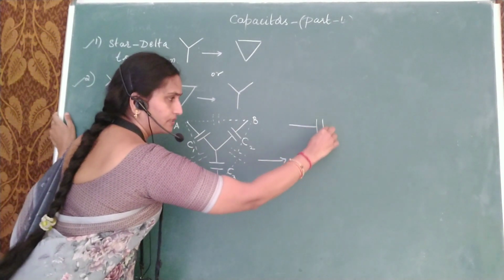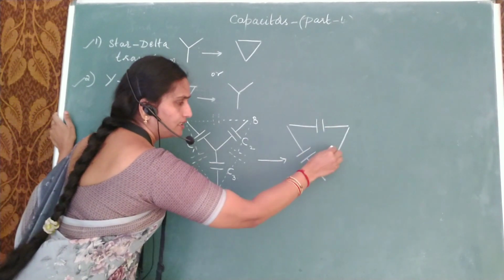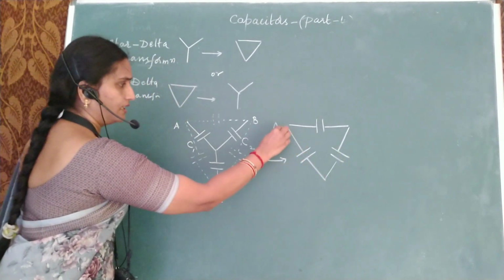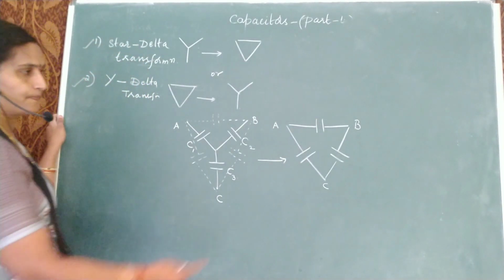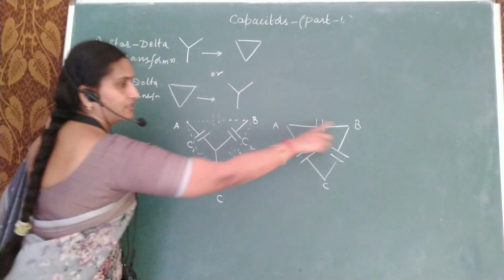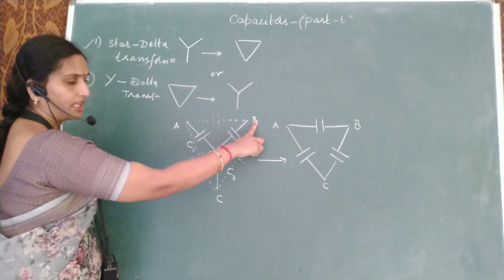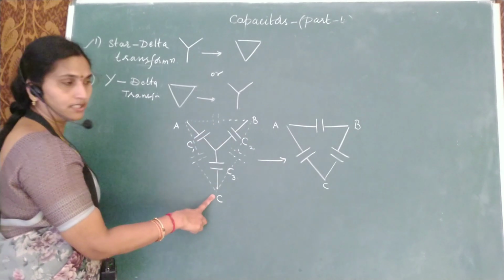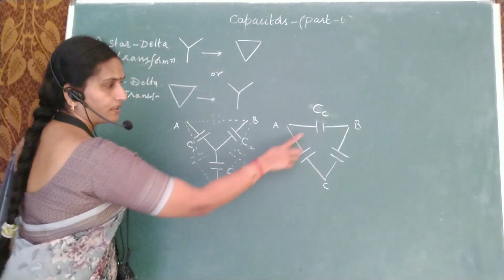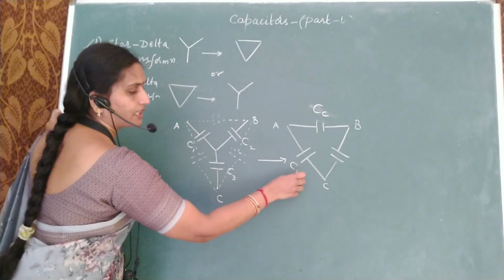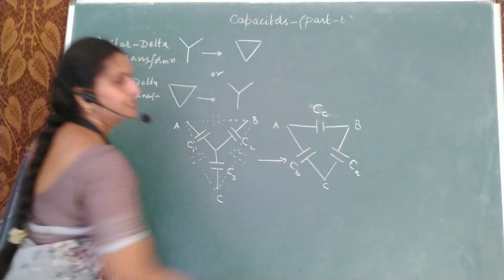I'll give you the network here: 3 capacitors across A, B and C. This is A, this terminal is B, and here you have terminal C. Whatever capacitor I am placing between A and B, which is opposite to C, I name CC; opposite to B as CB; opposite to A as CA.